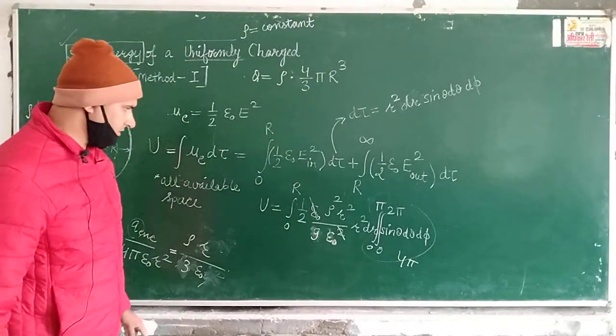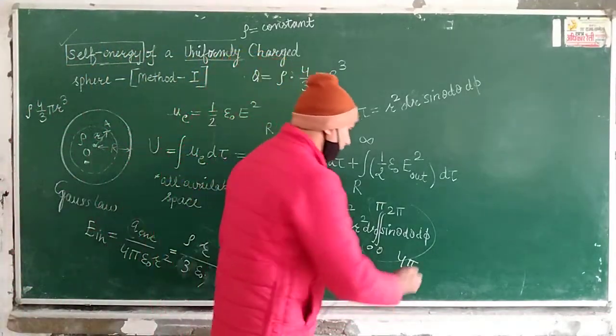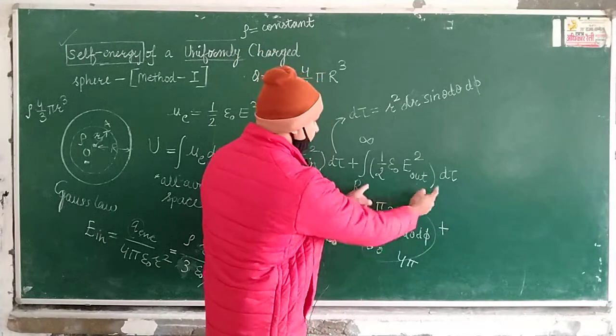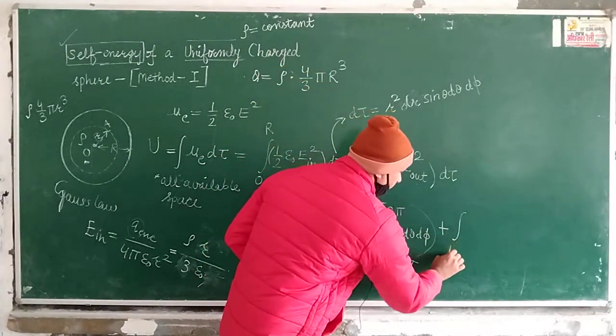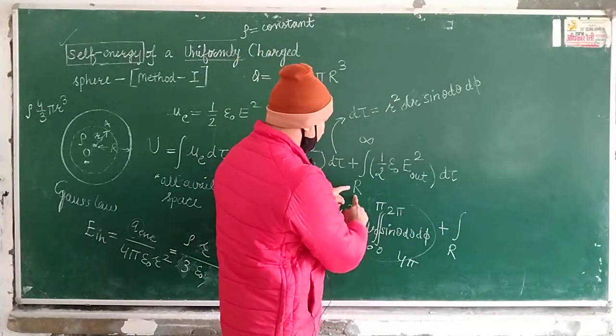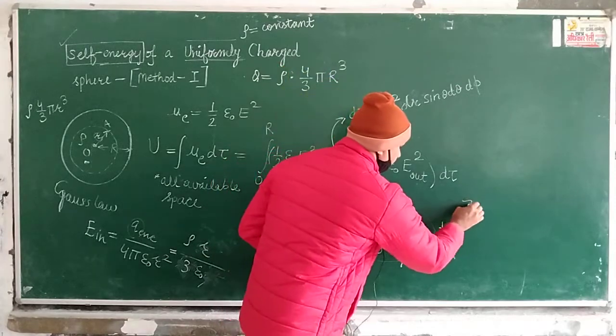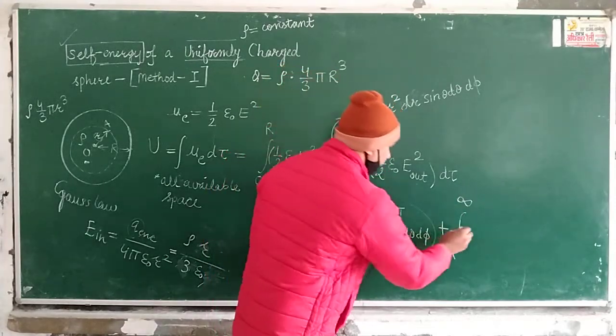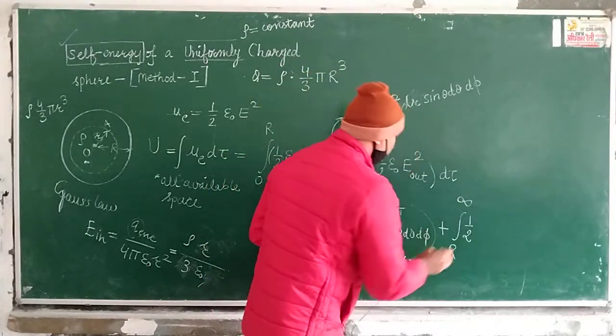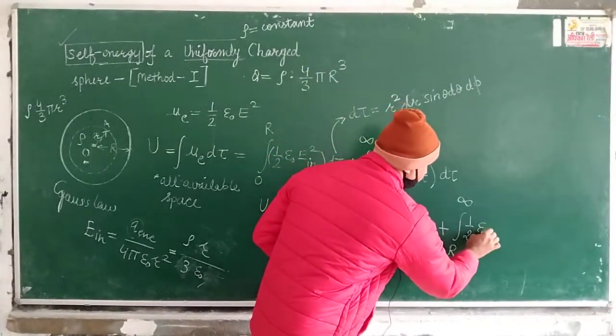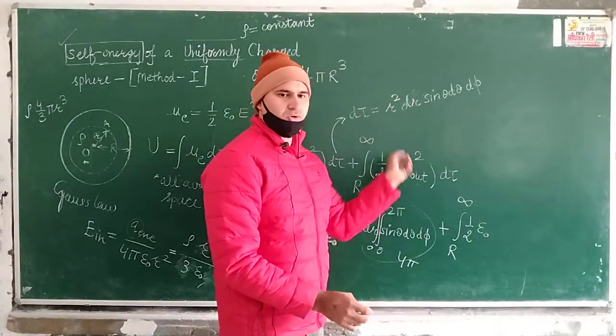Okay, so this is the thing what you are to solve, and then in the second factor you have limits from r to infinity, then you have 1 by 2, and then you have epsilon node, and then E out square.